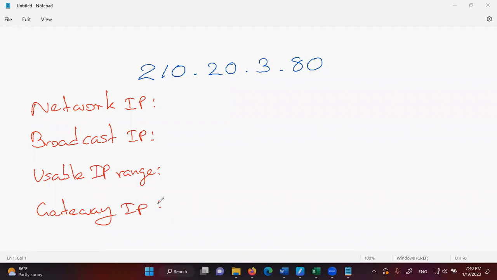Right. So you can reply in chat, right? Please tell me what is the network IP of this network. So reply in chat. What should be the network IP of this network?